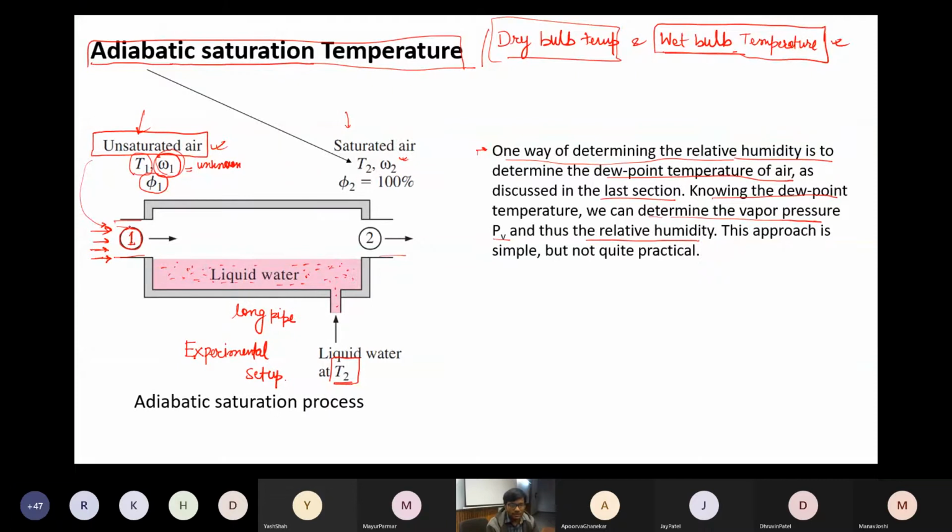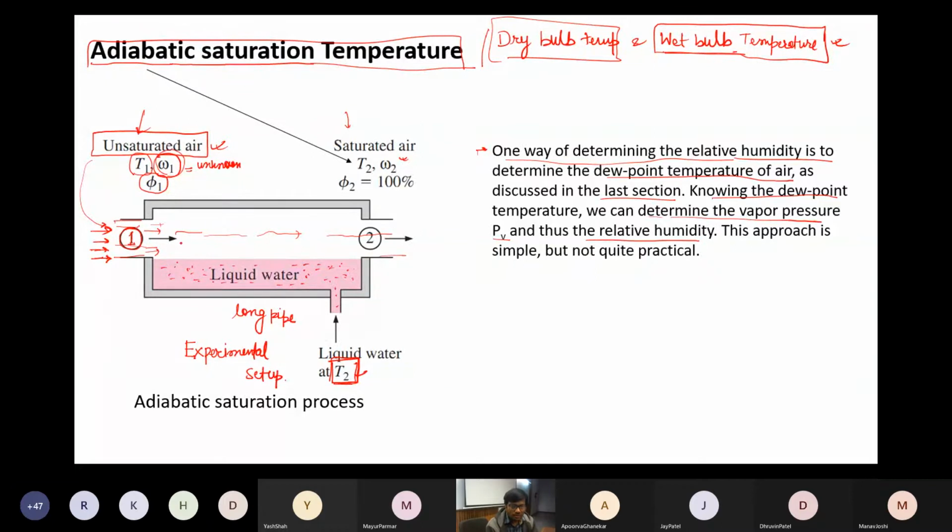Now the stream of air that comes into this long pipe, while going through this chamber, since its temperature is higher than T2, and T2 is kept quite cool, quite lower. So what happens?